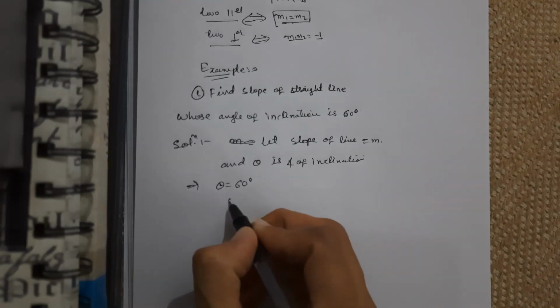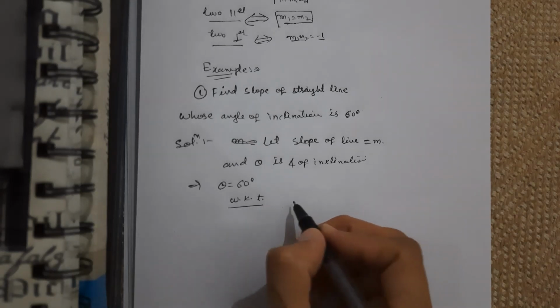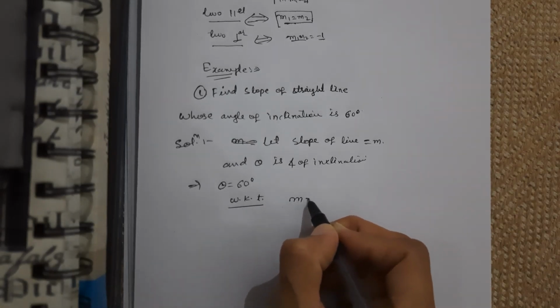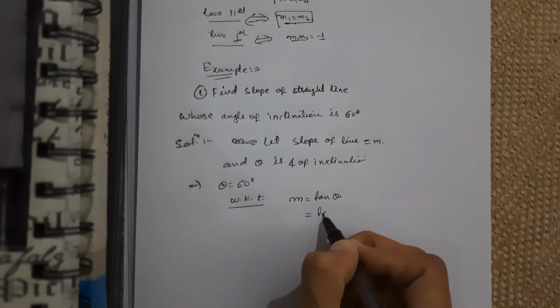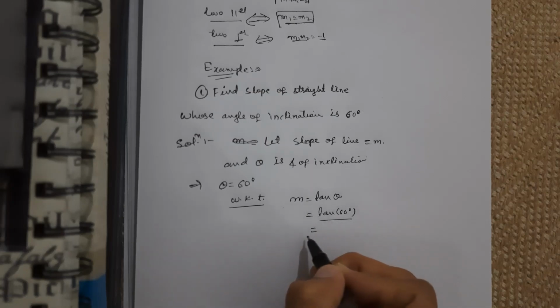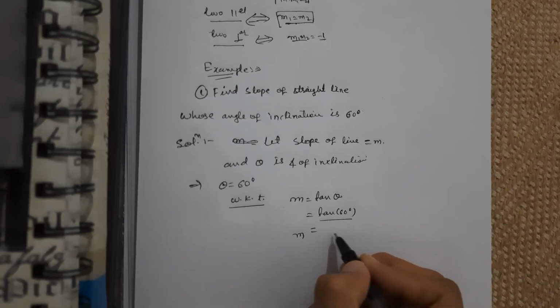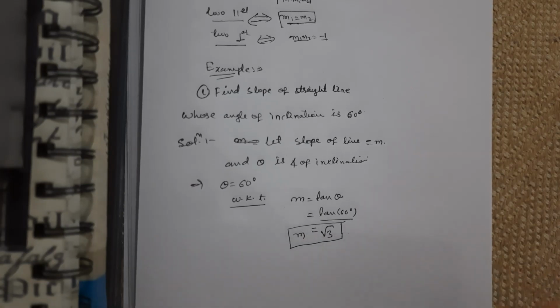We know that slope is equal to tan theta, which is equal to tan 60 degree. What is the value of tan 60? It is √3. So the slope I get is √3.